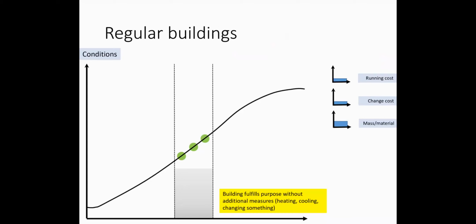And if you have a building and you don't do anything else, then that building will offer a certain level of comfort, a certain amount of function within a margin area of these conditions.